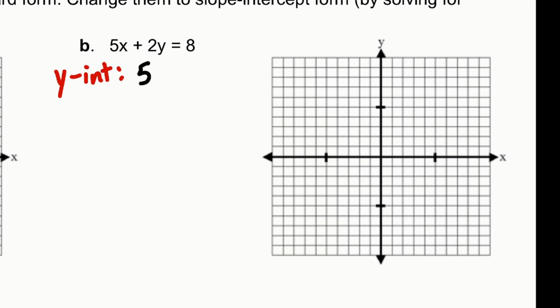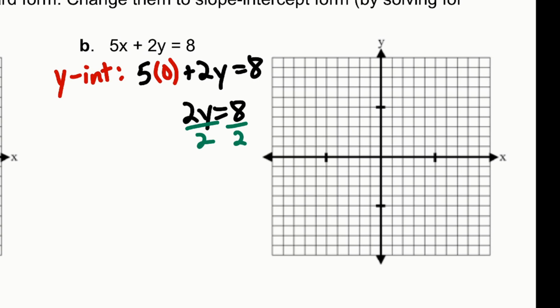So 5 times 0, plus 2y equals 8. 5 times 0 is 0, so I have 2y equals 8. Now I'm going to divide by 2 to get y by itself, and I get y equals 4.